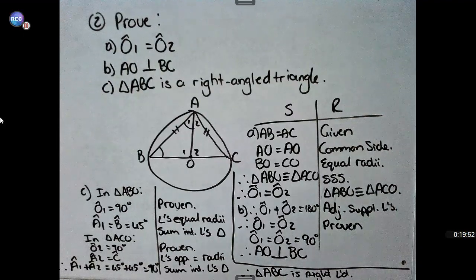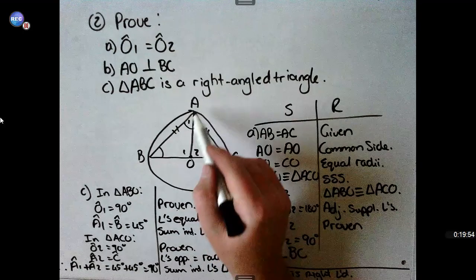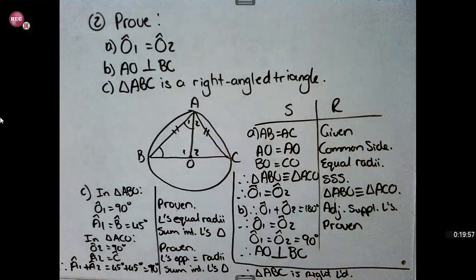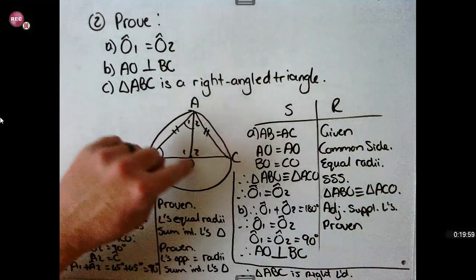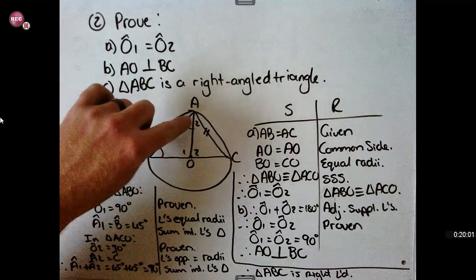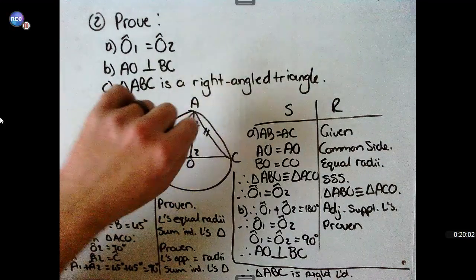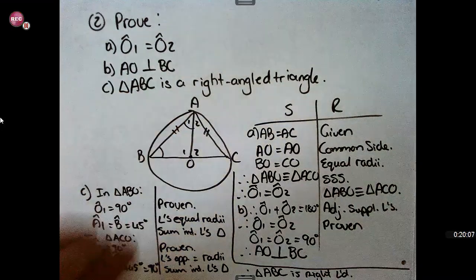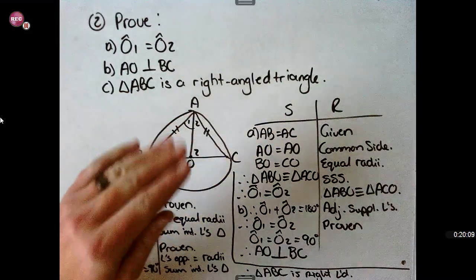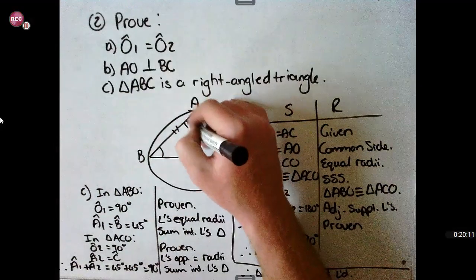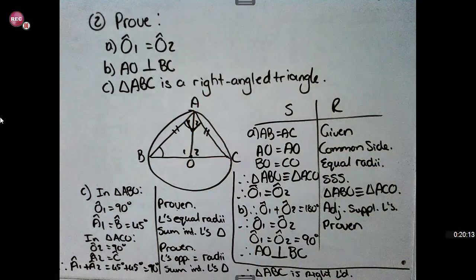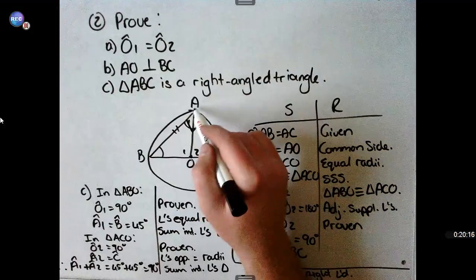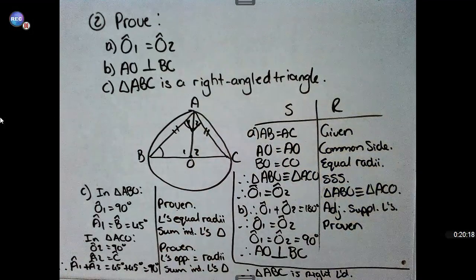So it is a right angled triangle. So this triangle over here is a right angled triangle, because I proved that these were 90 degrees and these would now become 45, 45, and the same on the other side, then these two added together, the 45 and the 45, will give me a 90, which means that this becomes a 90-degree angle. And then from there on, you can state that ABC is a right angled triangle.